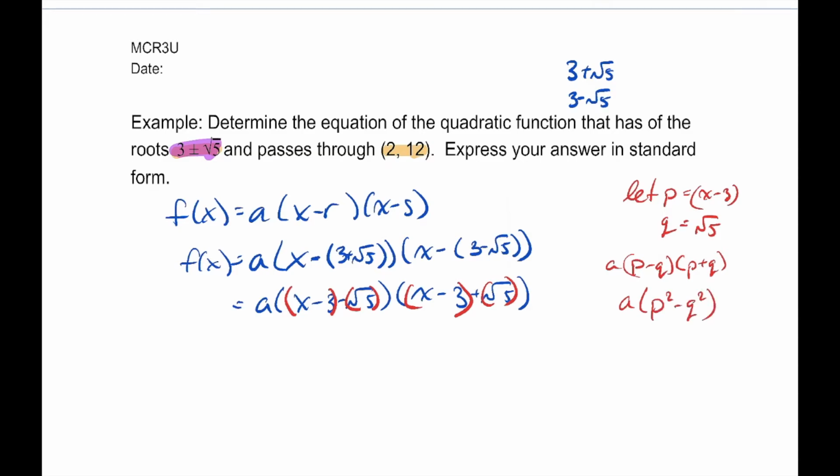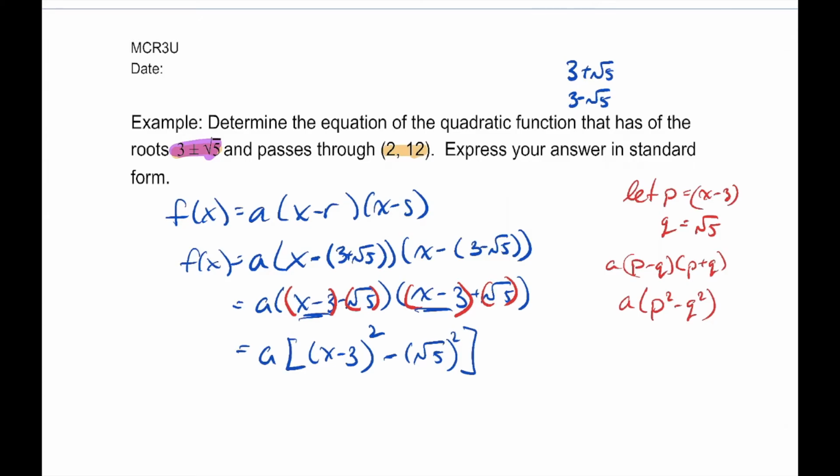All right? So that's the trick that we're going to apply over here as well. This is going to be a, so I'll put this in square brackets now, x minus 3 quantity squared minus root 5 quantity squared. Taking the attribute of difference of squares, the first one, x minus 3, I'm squaring that.